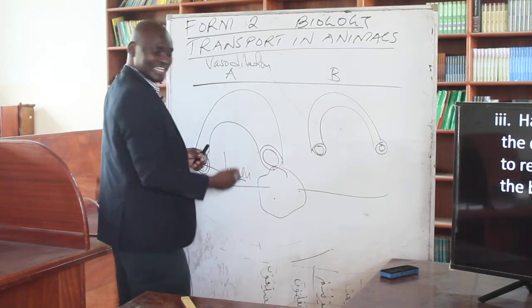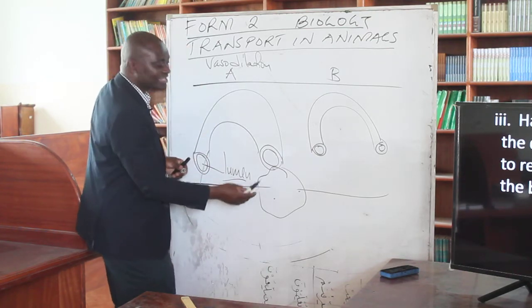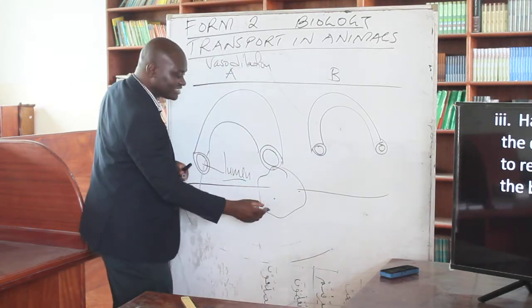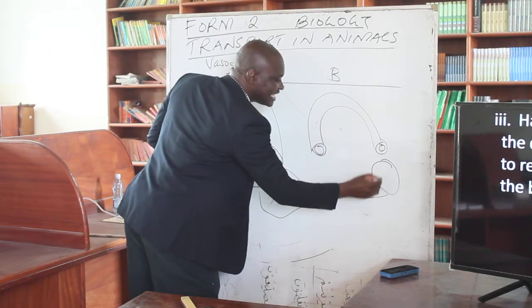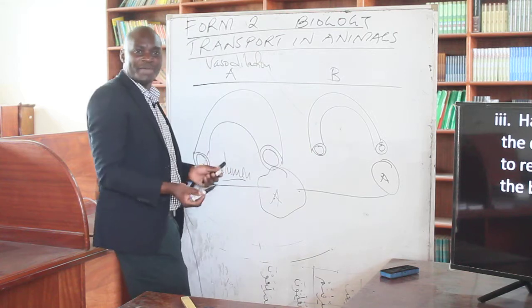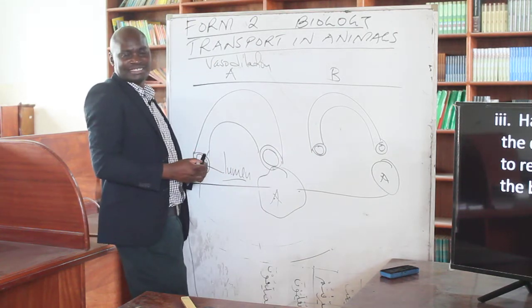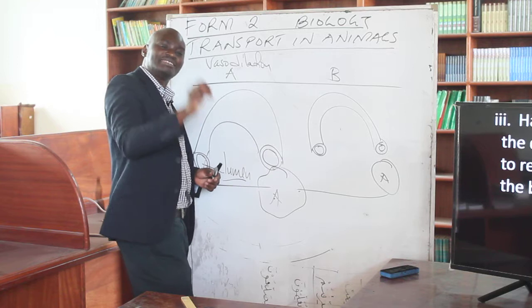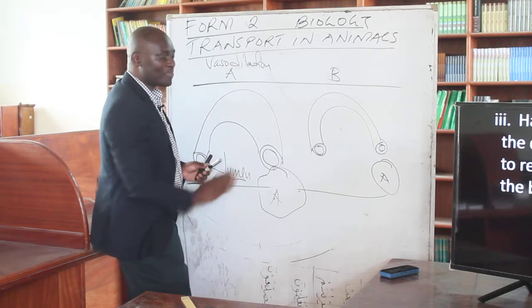But what if this organ now requires less blood? If this organ A now requires less blood, what will happen? The artery must now readjust so that it can allow just a small amount of blood to pass through.